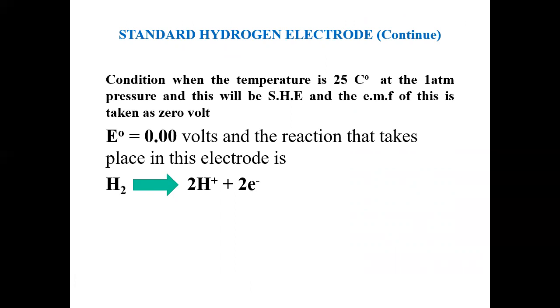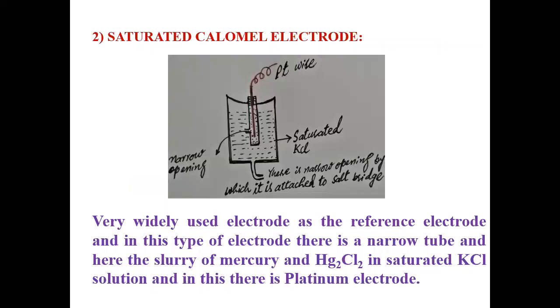The second type of reference electrode is the saturated calomel electrode, which is also known as the standard calomel electrode. This saturated calomel electrode is very widely used as a reference electrode.